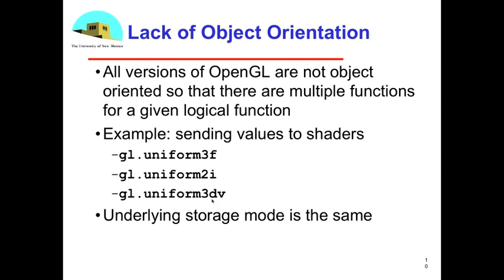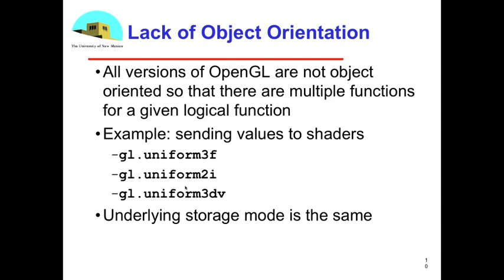Actually, this would be more like in desktop OpenGL: this would be 3 doubles that are being sent, but they're being sent through a pointer. So essentially this would be saying, I'm sending you an array of 3 double precision numbers. So there are varying forms of the uniform function.